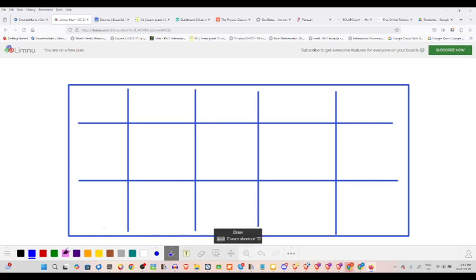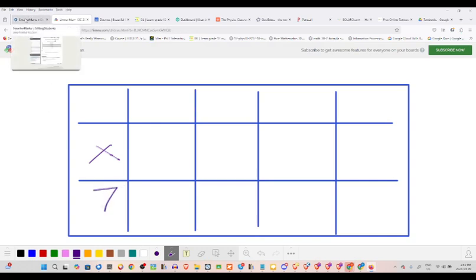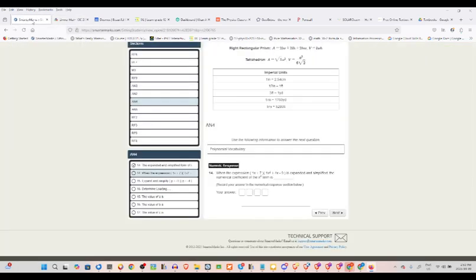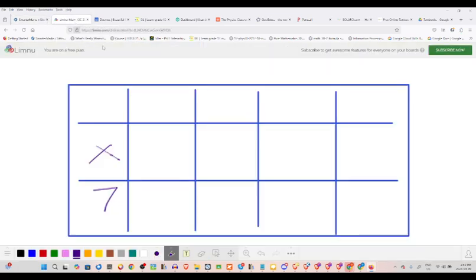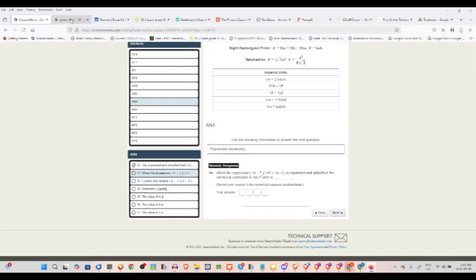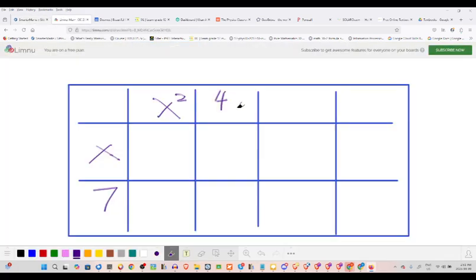So let's go back to our whiteboard marker. I think it was 1x plus 7. And we had 1x squared plus 4x minus 9. I have an extra box here. So all we care about right now is the x squared term. Let me just get rid of this extra column because I miscounted. That should not be here.